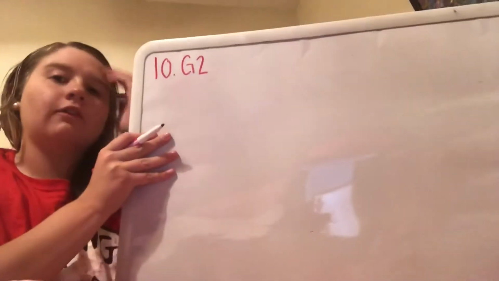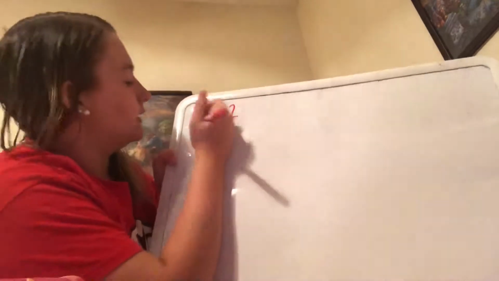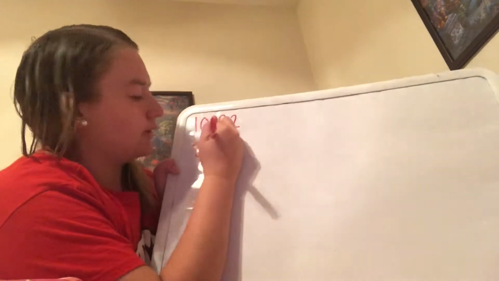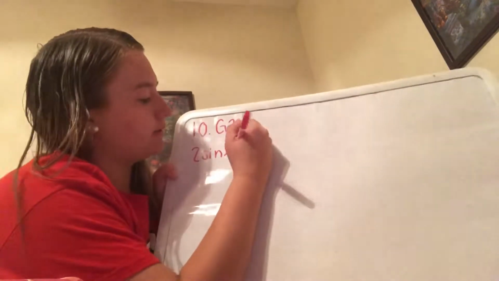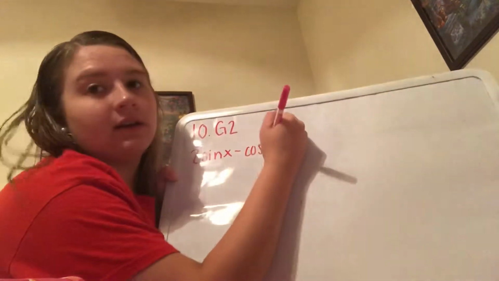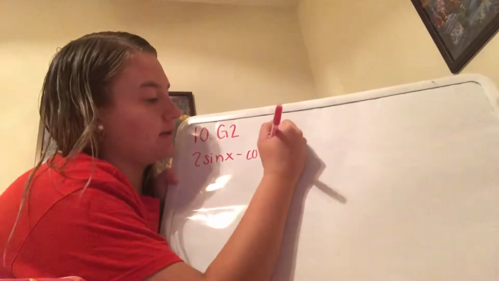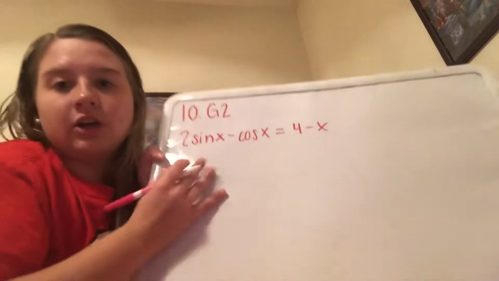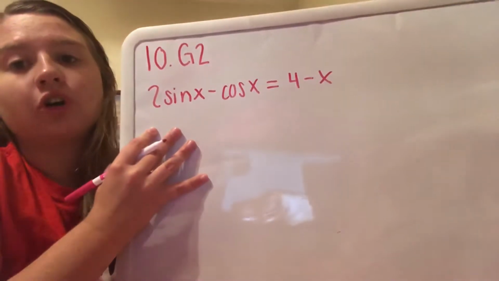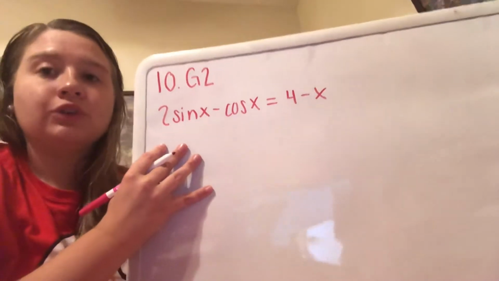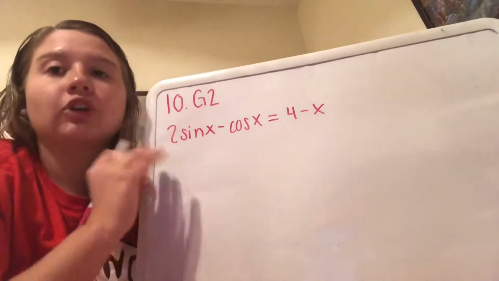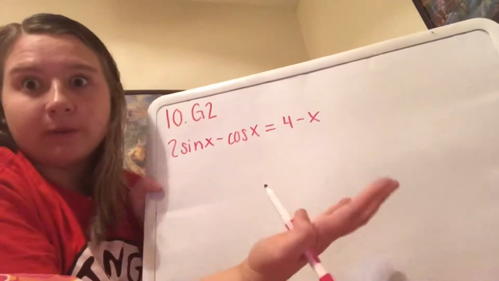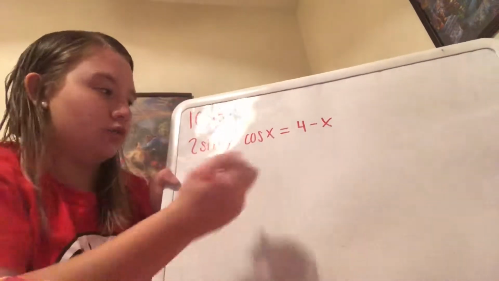Our first example is 2 sine x minus cosine x is equal to 4 minus x, and your only directions are to solve. To do that, you are going to put this into your calculator, which is why we had it set into radians.